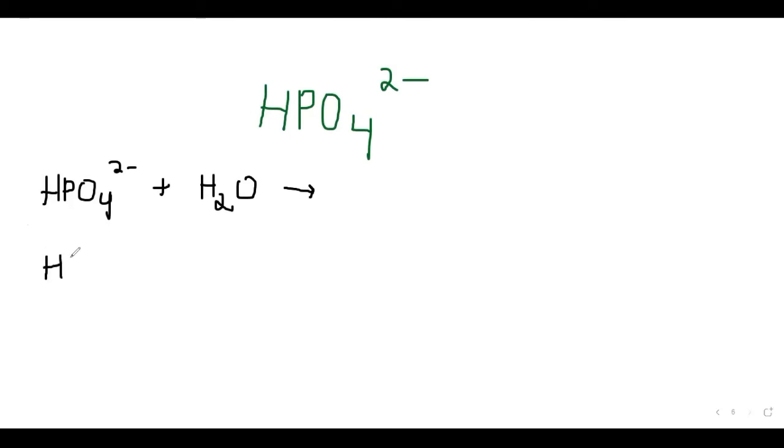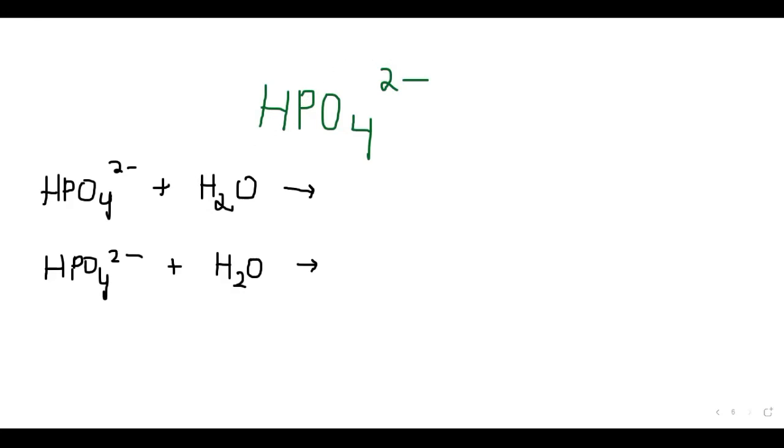So when you have HPO4 2 minus react with water also, we will use the first equation for acid. The first equation will be when HPO4 2 minus acts as an acid, and the second equation when HPO4 2 minus acts as a base. An acid is a substance that can donate the H plus.